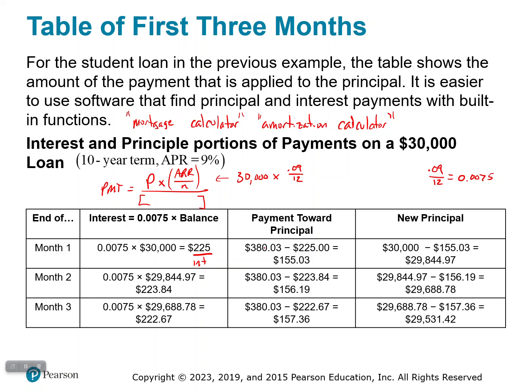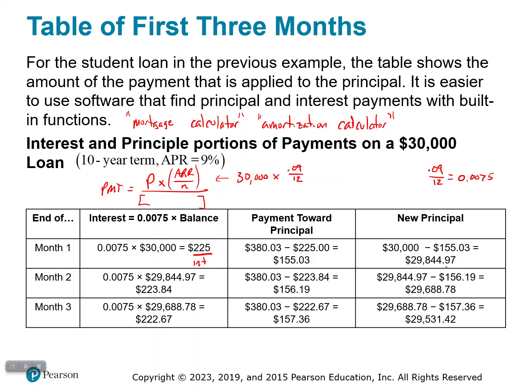So even though you paid almost $400, you'll notice that the next month, your principal did not drop by $400. Right? The interest comes first, and then a little bit goes to principal. So we're a little bit lower, about $155. Now the interest on the $29,844.97 that remains is a little bit less than the interest on the full $30,000, which means a little bit more of that payment can go to the principal, which means, okay, so now we subtract 156 instead of 155.